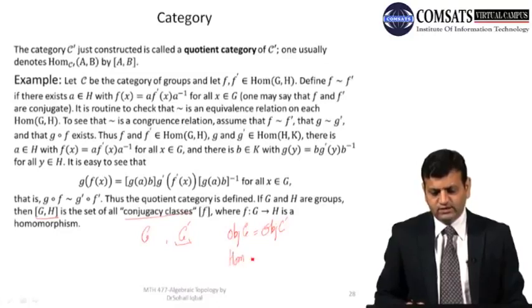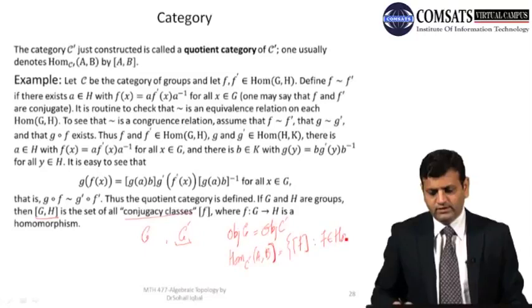In the case of C prime, Hom from A to B is the set of equivalence classes, where F belongs to Hom in the category C from A to B.